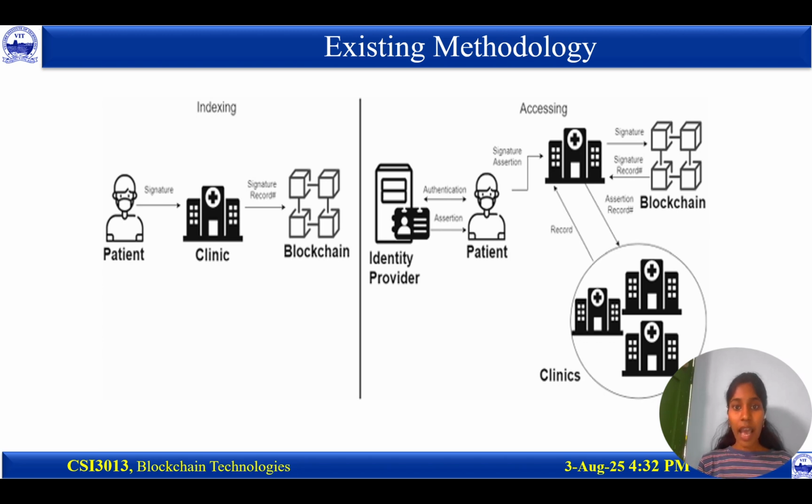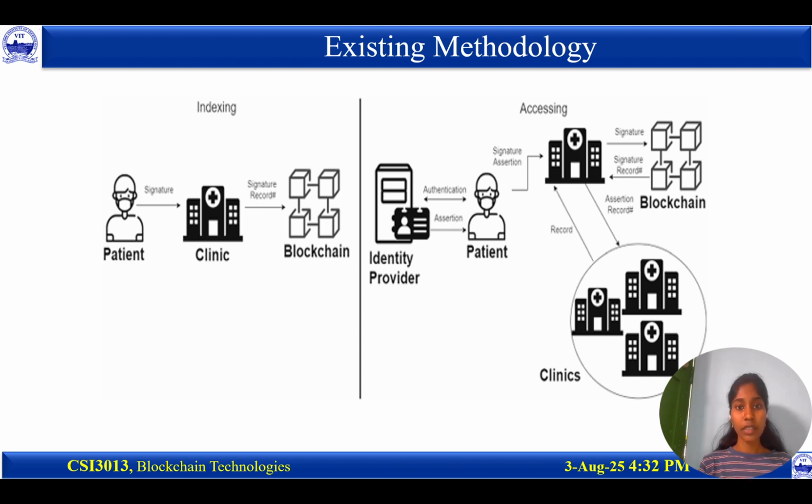On the right side, accessing. When a healthcare provider, for example a doctor, needs to access the patient's record, the patient first authenticates through an identity provider, which issues an assertion, a token proving the patient's identity and consent. The doctor receives the assertion along with the patient signature and uses the blockchain to locate references to the patient's health record.